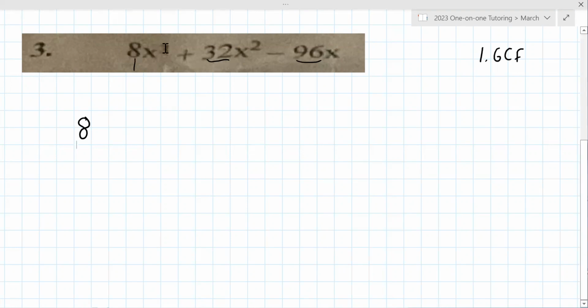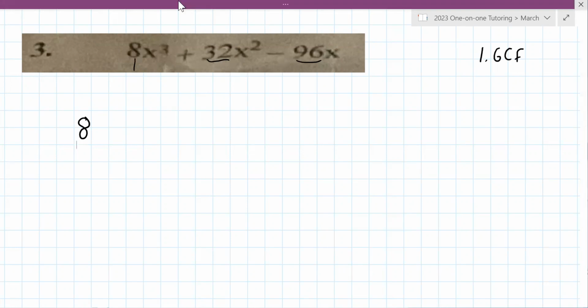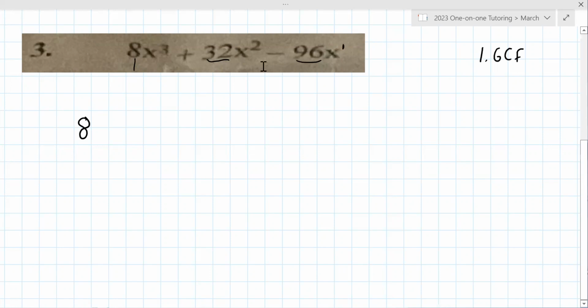Right. That's good. Now the next thing is what's the smallest x power? We've got x cubed, x squared, x to the 1. What's the smallest one? x to the 1. All right, so now that's what you're going to factor out of all three of them.